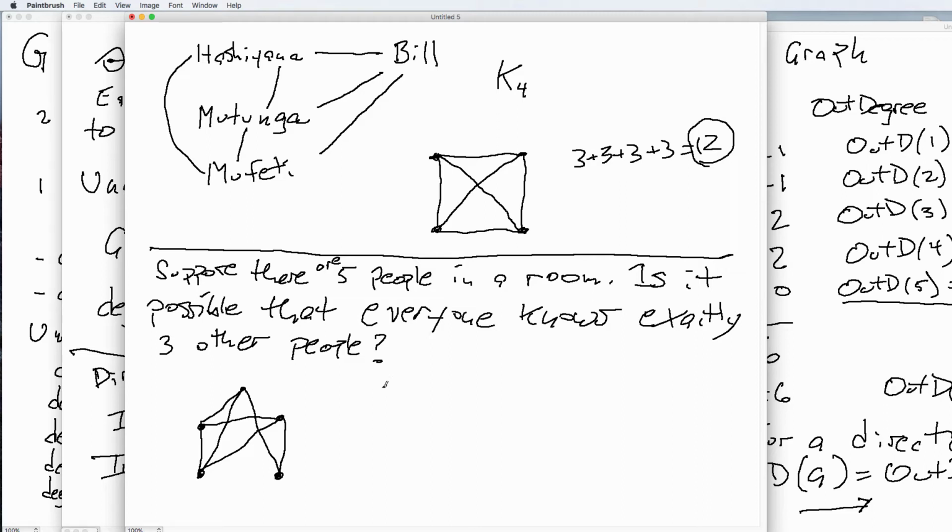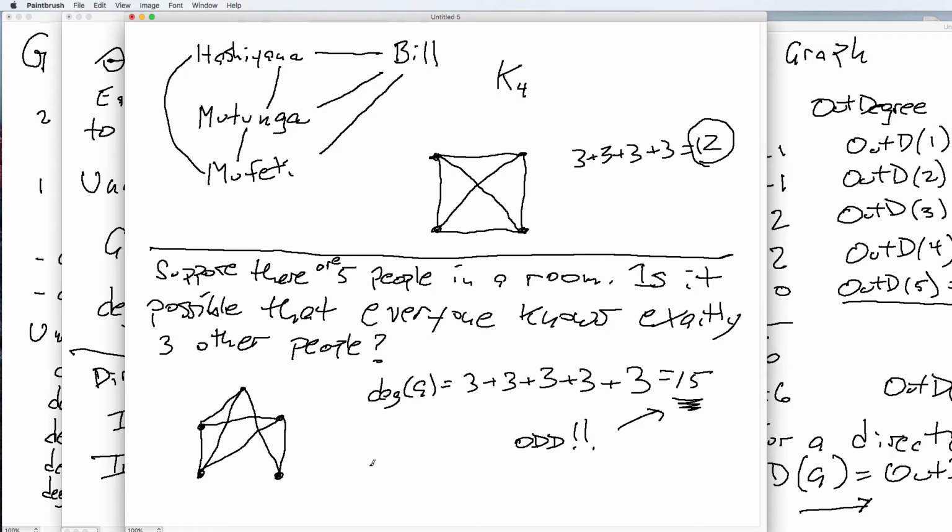Then the degree of G would be equal to 3 plus 3 plus 3 plus 3 plus 3, one for each of the 5 people. That's equal to 15. But 15 is an odd number.